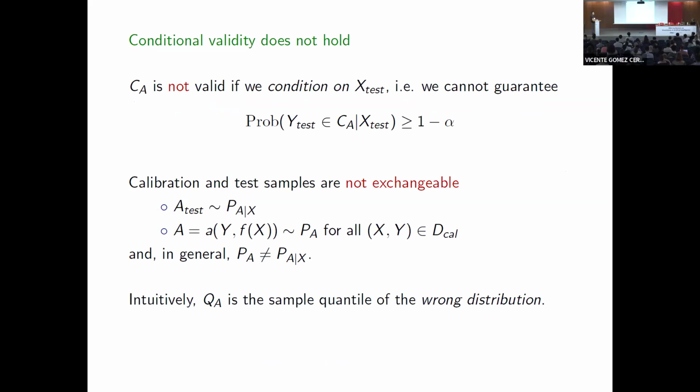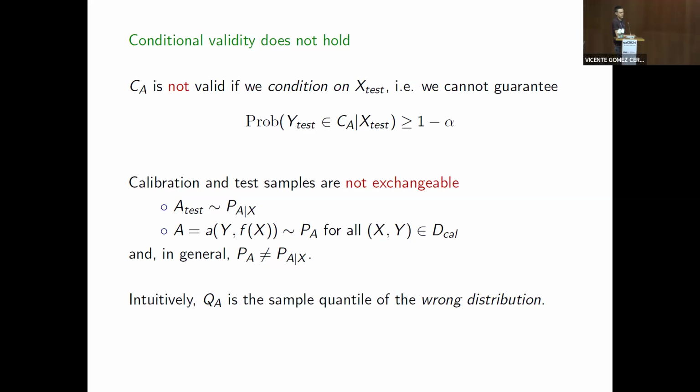Because if we focus on a specific point in the input space, we are conditioning on that value of the input. And so Y test, and so the score, will be generated by the conditional distribution, while Q-hat is computed from the quantile of the marginal distribution. So in some sense, we have the quantile of one distribution, and we are evaluating something coming from another distribution.